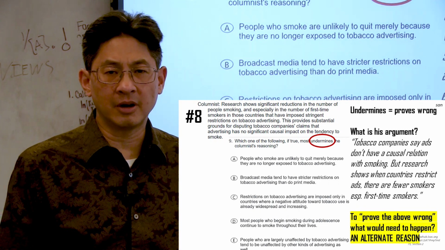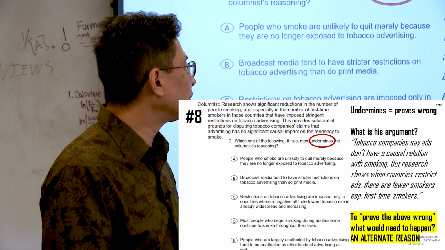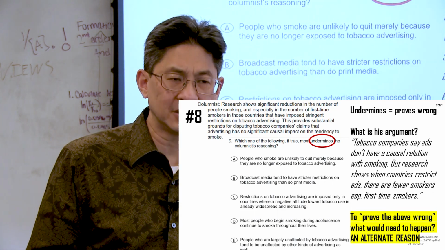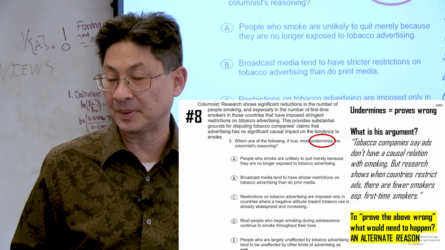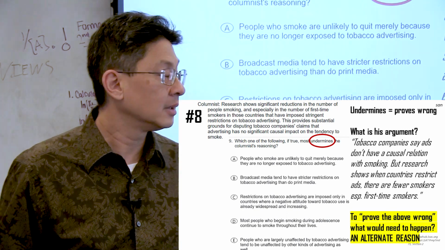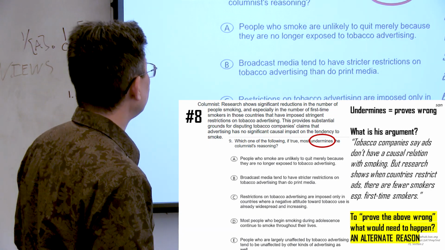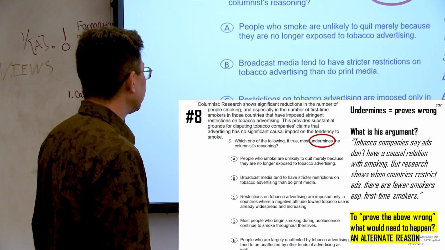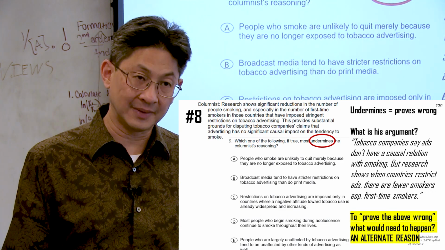The only way to prove that wrong that I could think of would be if something about those countries that are restricting the ads, there's something else, an alternative reason for why there are fewer smokers. I have no idea what that reason might be, but there's got to be some other reason. All right? And so now we look at the answer choices with that in mind. Answer A, people who smoke are unlikely to quit merely because they are no longer exposed to tobacco advertising. That would be an indication for why people would actually have a higher level of smoking.